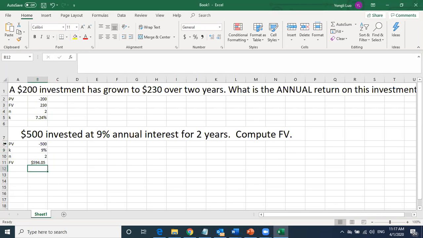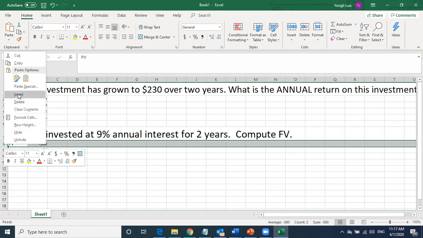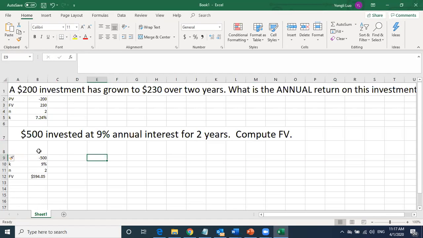This is annually. Let's insert something here. Annually means the interest compounds only once. Now we have semi-annually.